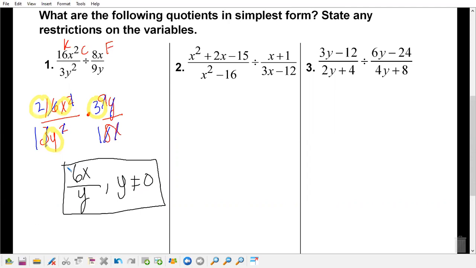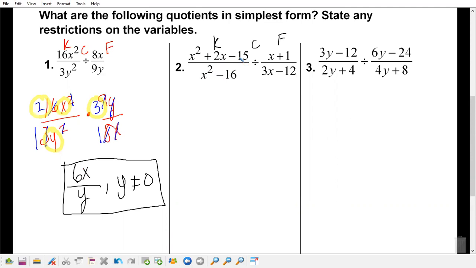Okay, so whether you want to keep, change, flip in the beginning or factor, then keep, change, flip, it's totally up to you. But just know that you're keeping, you're changing, you're flipping. So when we're here, we're going to keep this one, change our operation, and flip this one. So keeping this, we're going to factor as is. I have x squared plus 2x minus 15.